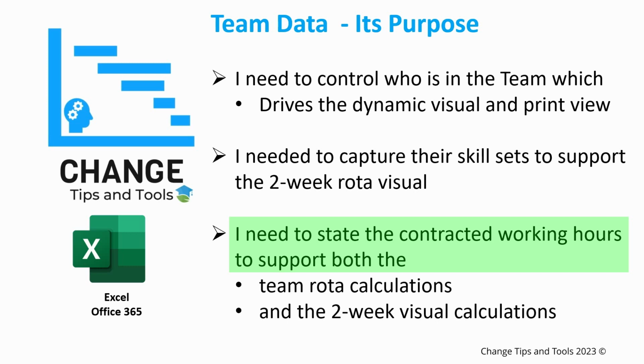I needed to state what their weekly contracted hours were, in order to do those basic checks when I'm entering that data. And also when I'm looking at the visual, I can see that I'm not over allocating that team based on their available hours. So I needed somewhere to put what those contracted hours were, and this was the place.